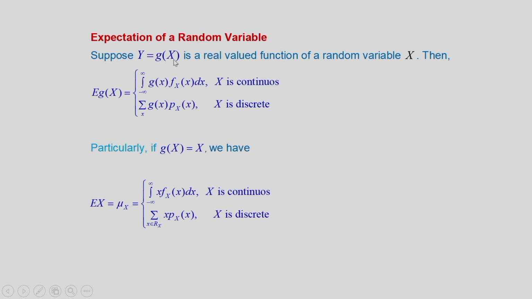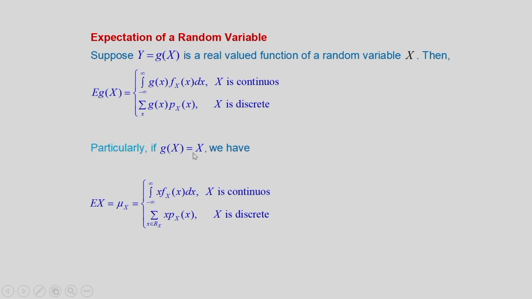Suppose y equal to g(x) is a real valued function of a random variable x, then E of g(x) is defined by the integral of g(x) into the PDF of x dx if x is continuous, and this is a summation if x is discrete. In the case of discrete, it is the summation over x of g(x) into the PMF of x.